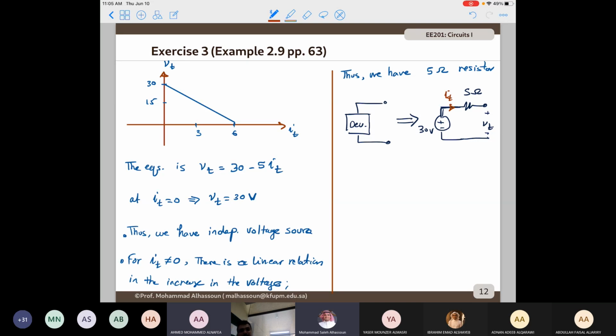The terminal voltage, but there is a constant voltage here. So the terminal voltage will change with respect to current. But there is a constant voltage, a constant factor here, which is the 30 volts here. Okay, thanks.